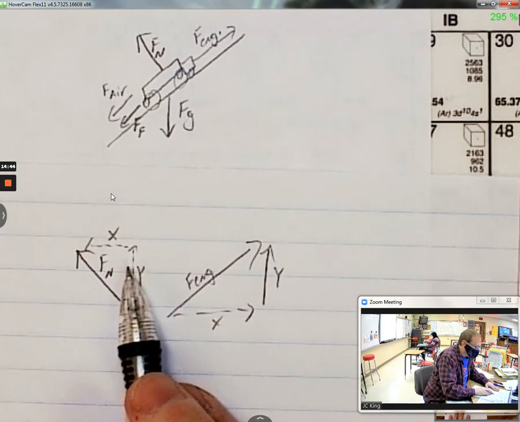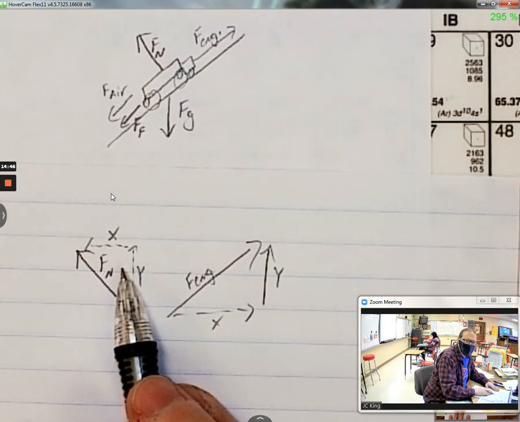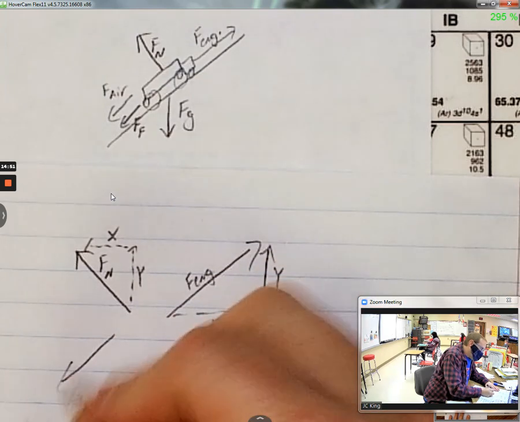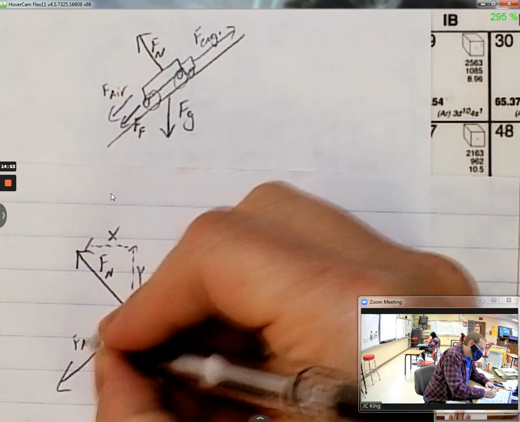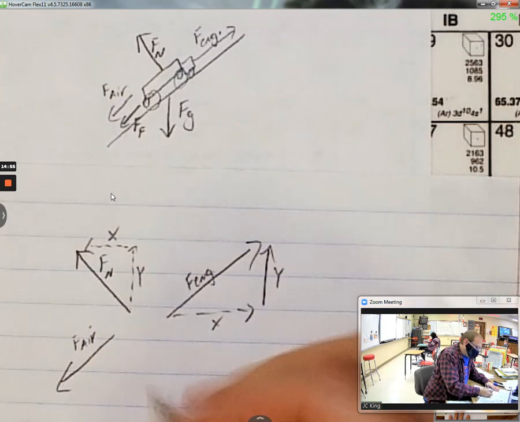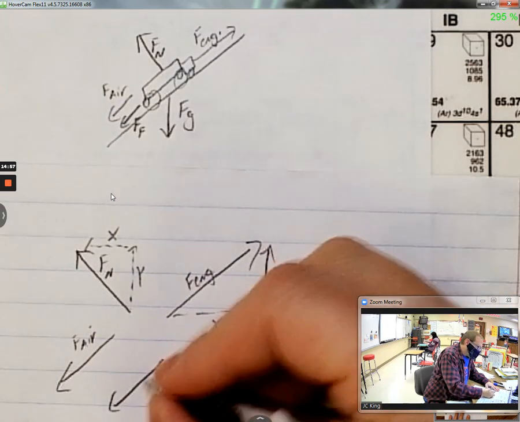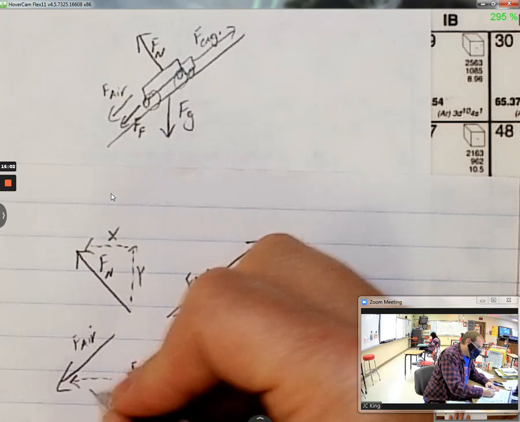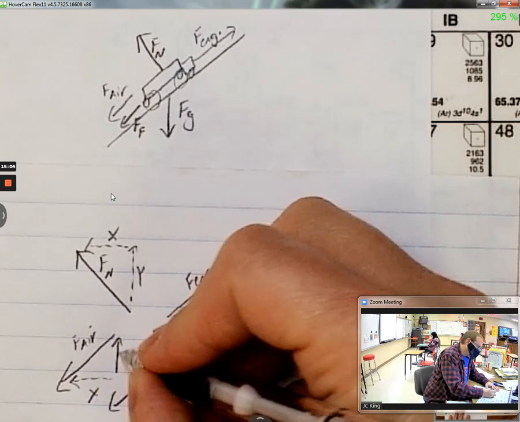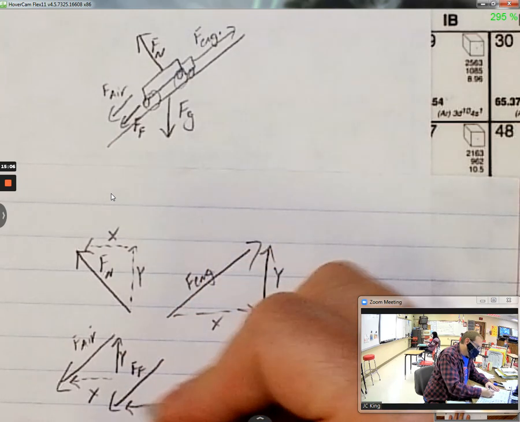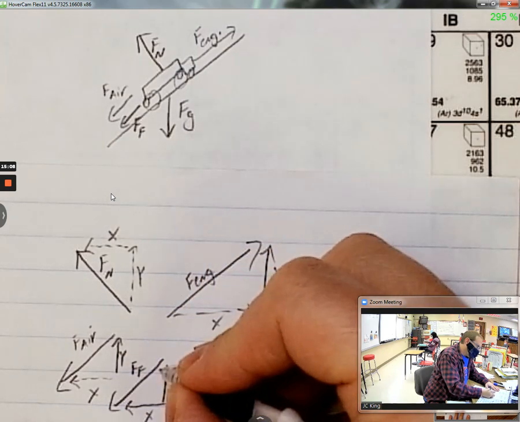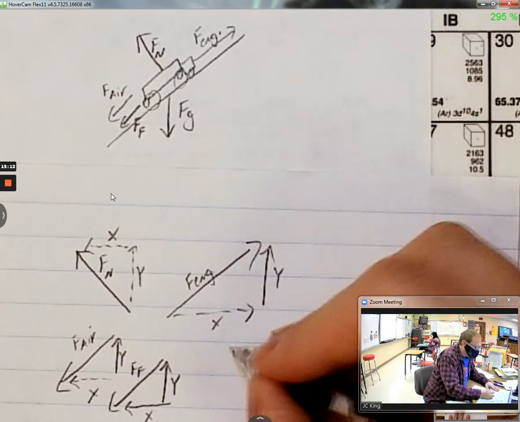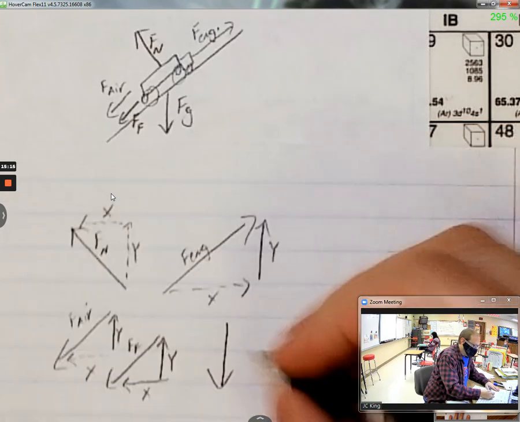And notice that this x is actually pulling back away from the direction that he's trying to go, right? Both of these down here, the F of air and the F of friction, are going to have an x going backward and a y going up. And then gravity is just going to be straight down, just all y.